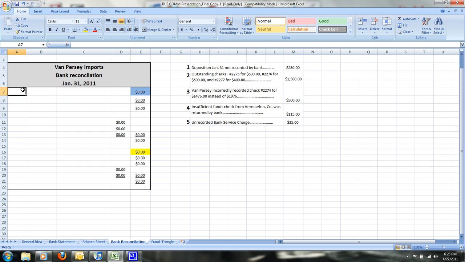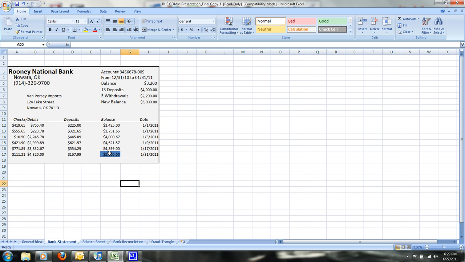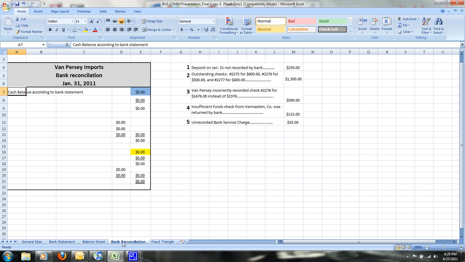The first thing we need is our cash balance according to the bank statement. If you remember, the bank statement says we have 5,000, which I highlighted in blue. I'm also going to fill in our book value real quick.